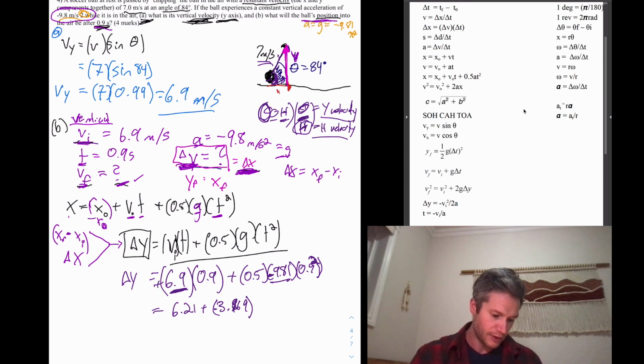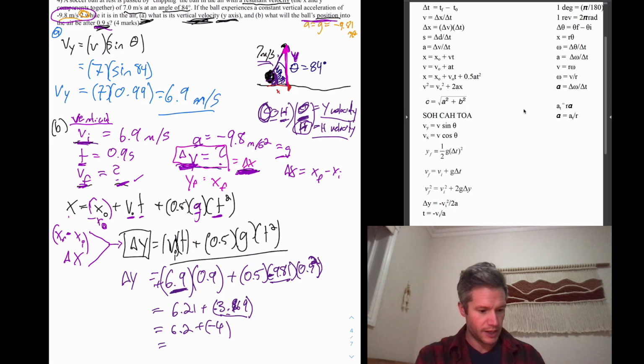So again, to carry forward, you can round everything, so that equals 6.2 plus negative 4.